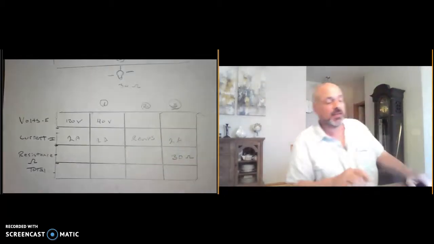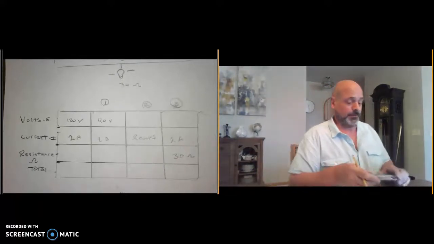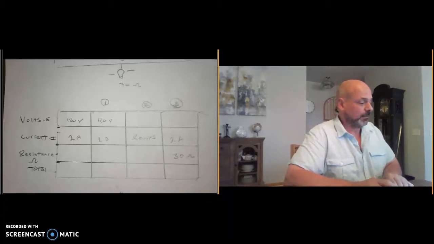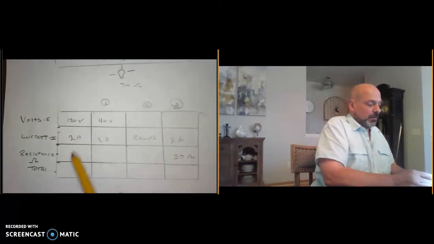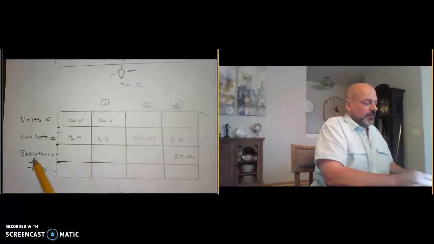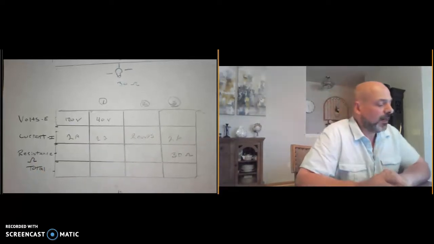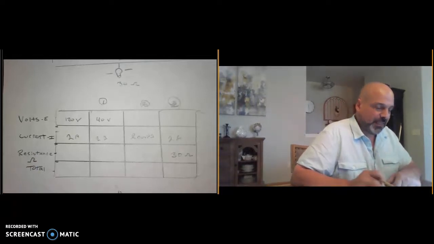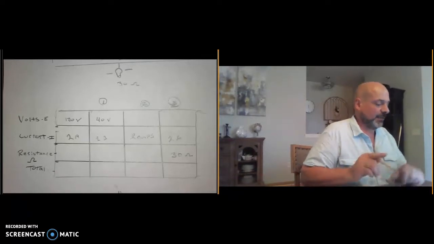Now there are several columns where we have 2 values, so we can begin figuring these out. Here we know total voltage is 120, 2 amps. So we can find resistance by using those basic formulas. R equals E over I. 120 divided by 2 equals 60.